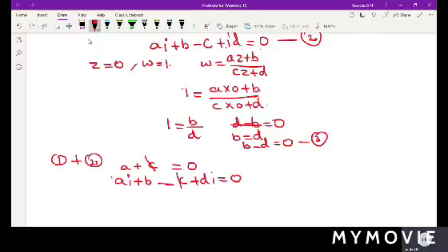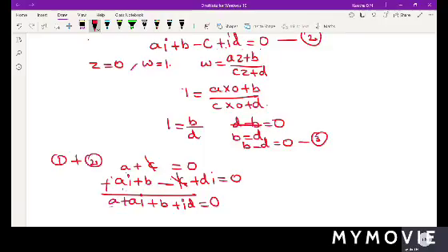Then the remaining terms here: a plus ai, plus b, then minus c and plus c get cancelled, plus id is equal to 0.